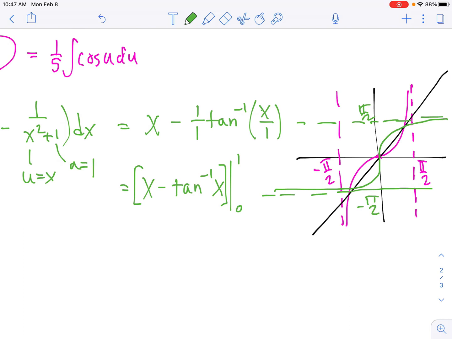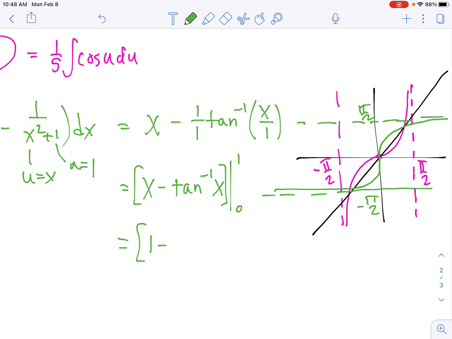Okay, so when x equals 1, let me plug this in. Let me do the fundamental theorem of calculus.